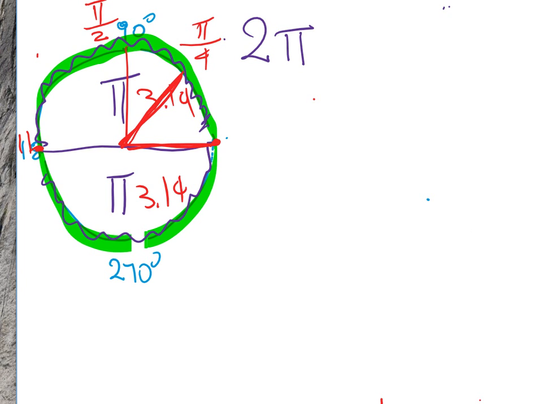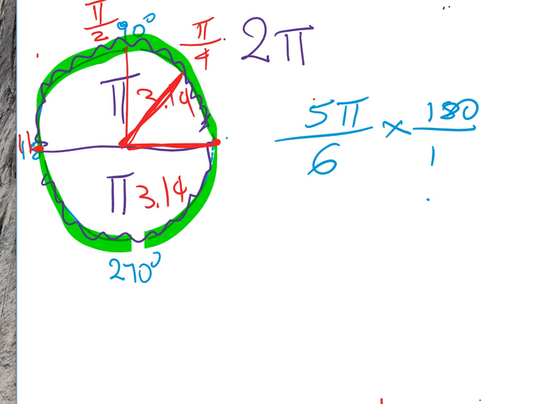For example, they can give you something like 5 pi over 6, and you need to make it degrees. That's your radian, you have to make degrees. You need to multiply this by 180 over pi. You can simplify this by this, simplify this by this. So altogether, that's 150 degrees.